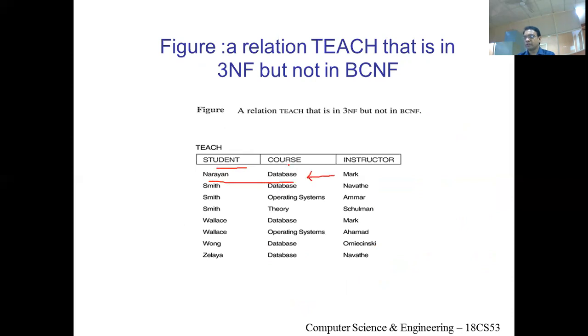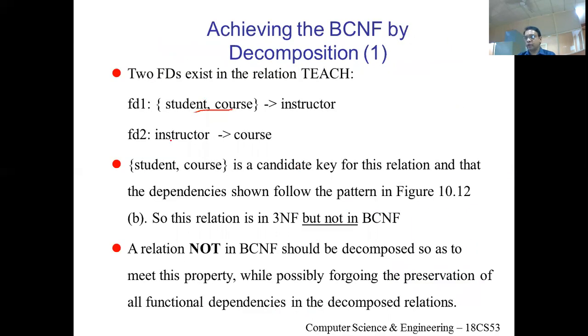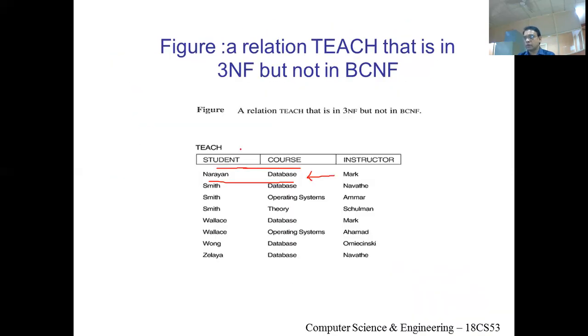So make this a composite primary key here. FD2: instructor determines course.